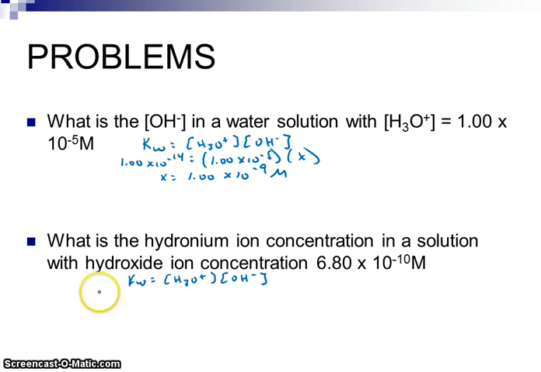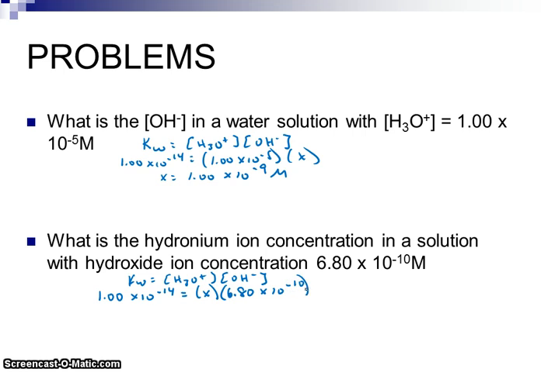We'll plug in Kw, so 1.00 times 10 to the minus 14 equals, this time we're trying to find hydronium, so we'll put in our x, and for our hydroxide we'll substitute in 6.80 times 10 to the minus 10.